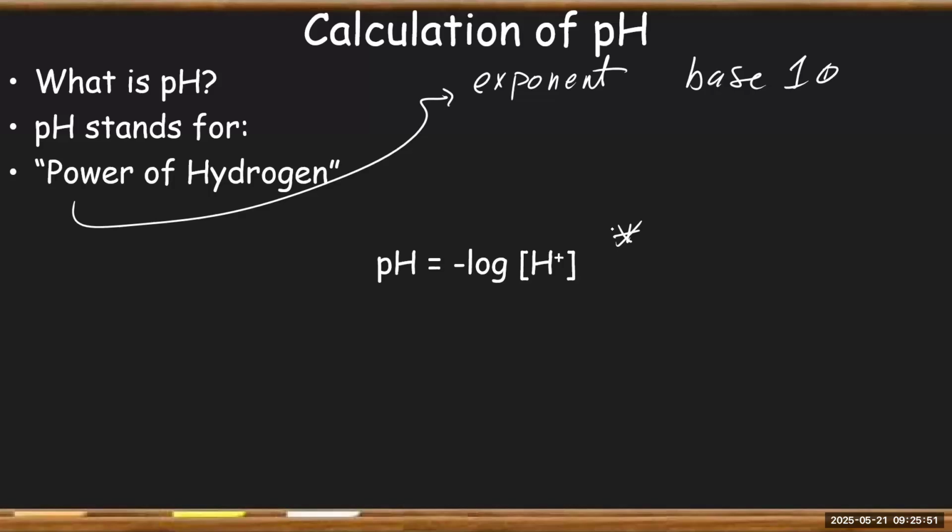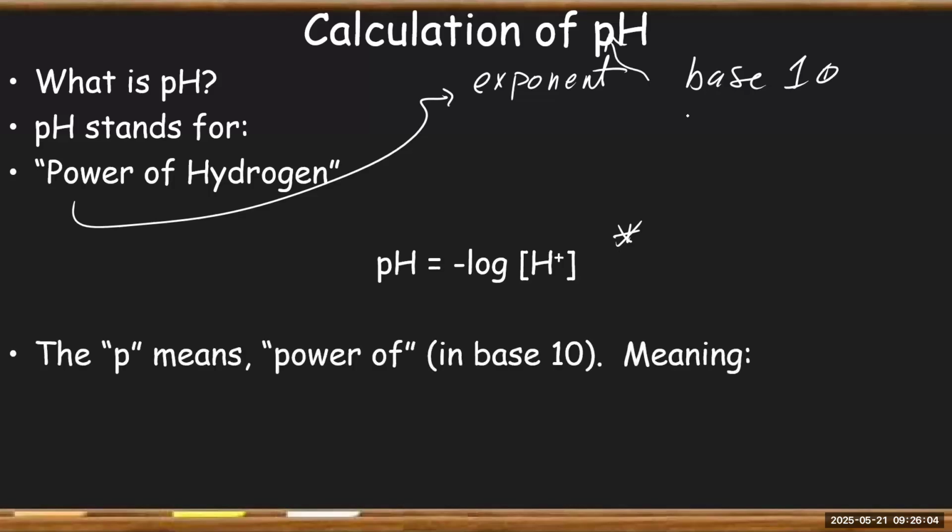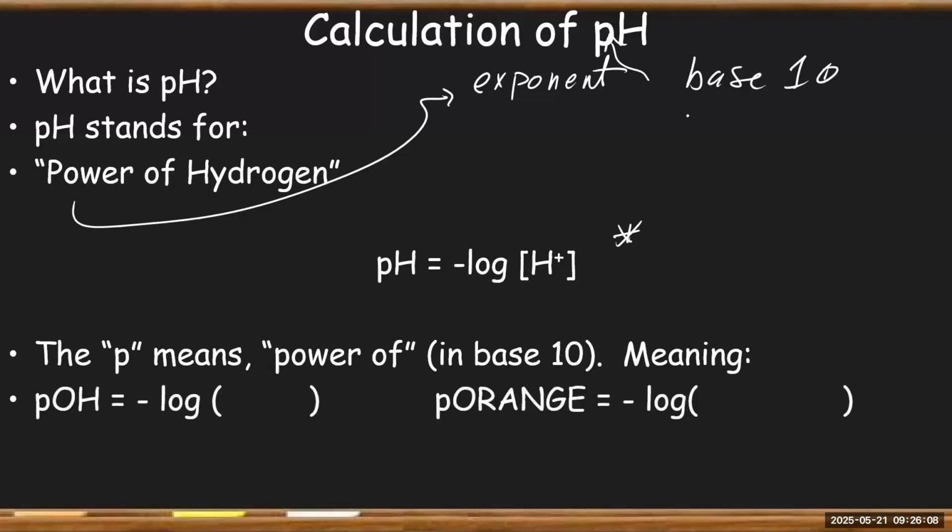So now you have that. So think about this. What does that mean? Well, the P means power or exponent of a base 10, okay? So again, the P means power of, and base 10. That means when you have something like a pOH, it means it's a negative log of OH, except it's not OH, it's OH minus.